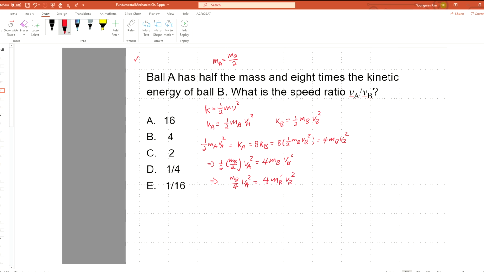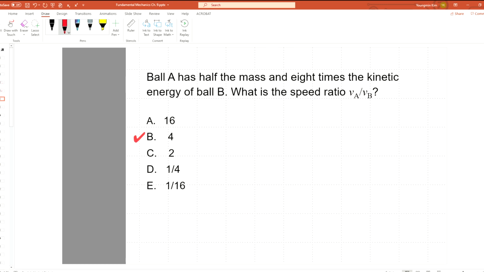Here MB can go away, and 1/4 will go to the other side as 16 VB squared. So finally VA squared is 16 VB squared, so the square root of that will give you this, and that is the right answer. Okay, you can take a look at this process in this video, and I will post these slides on D2L for you to review.